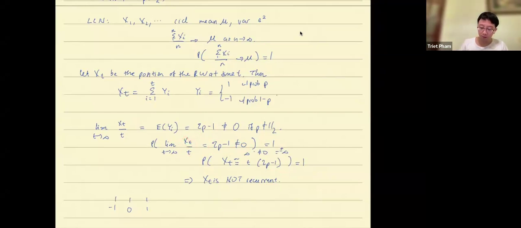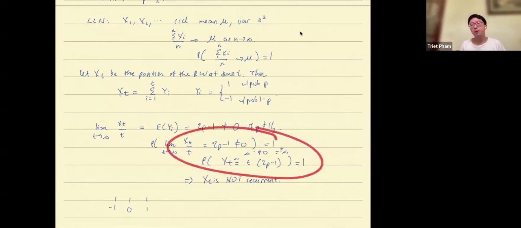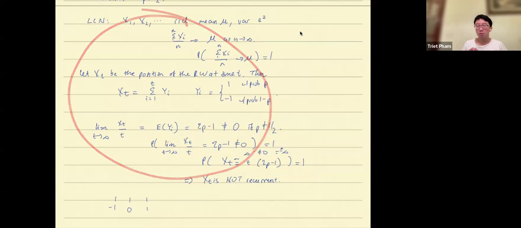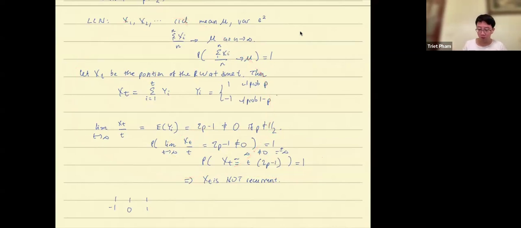It doesn't mean that it will revisit any state infinitely often, at least not directly. So we need something else. That's why the law of large numbers cannot be used to prove something is recurrent.